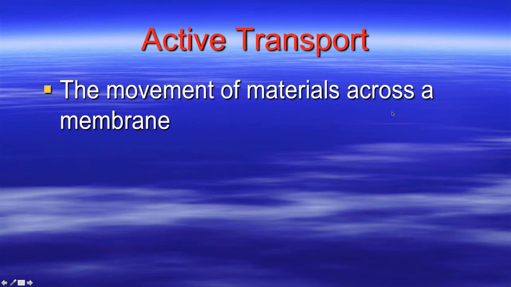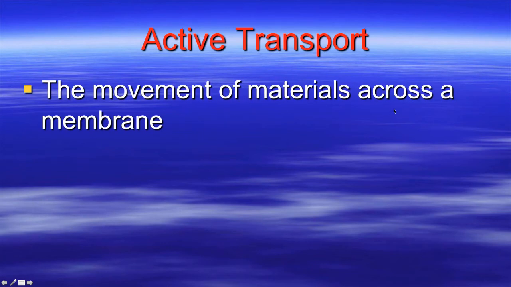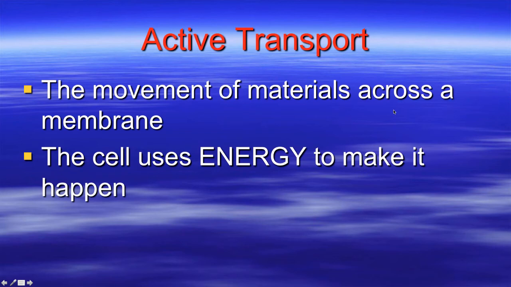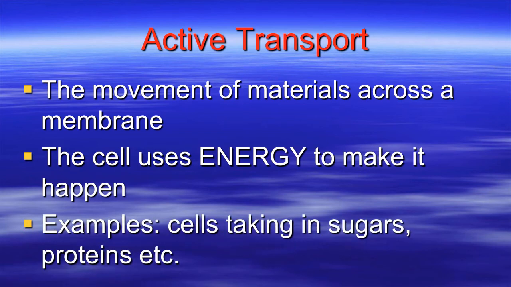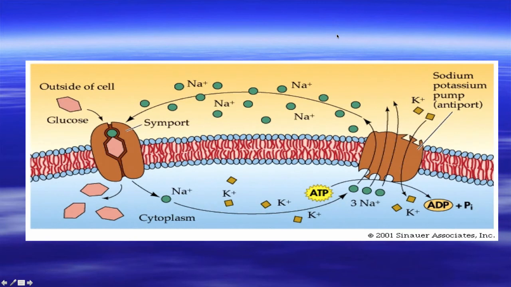Active transport. This is the movement of materials across the membrane, but the cell uses energy to make it happen. And the cells will be taking in things like sugars and proteins which aren't very readily available. Here's another example of active transport, and here what we're seeing is a pump that brings sugar into a cell.